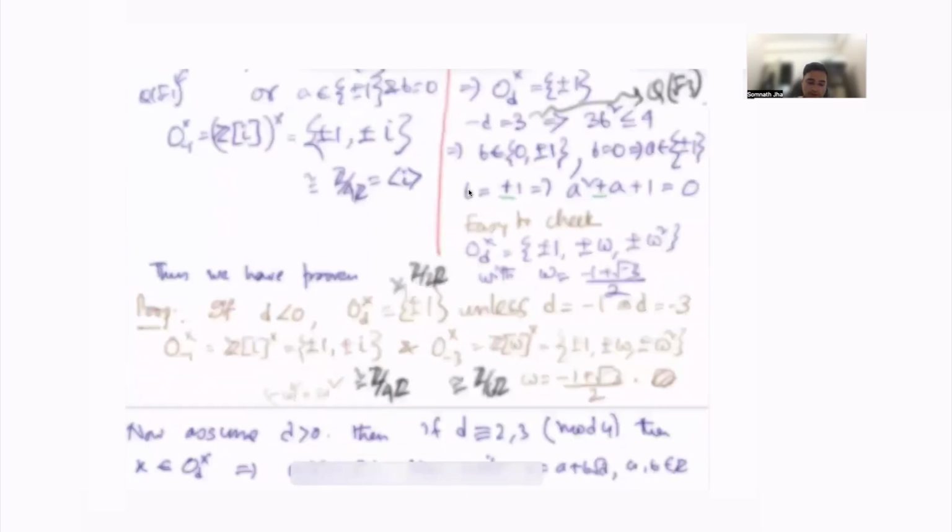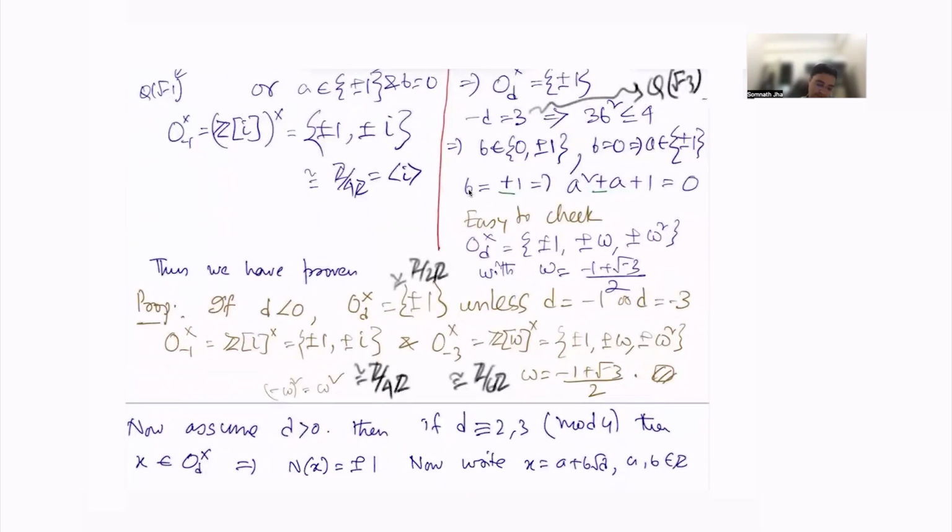So once you dispose of the easy case, now you move into the case where D is positive. So now assume D is positive and D belongs to Z, square free.